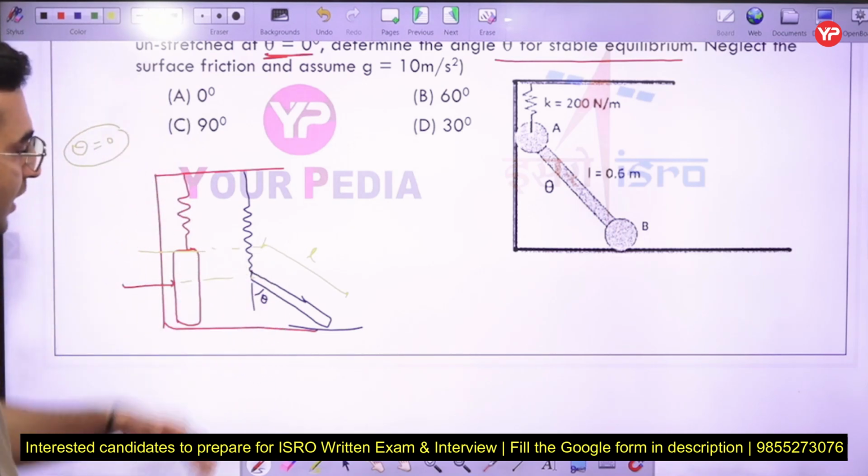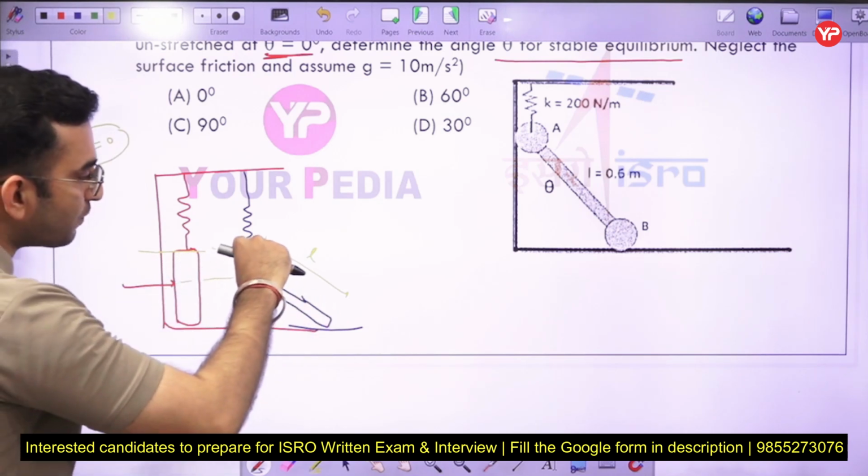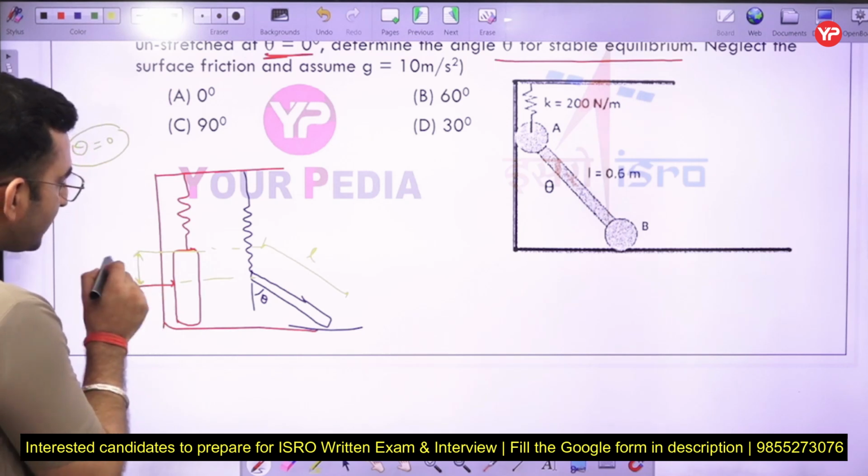Now you can see when the link has been rotated by theta degrees, the spring has elongated by this much distance.